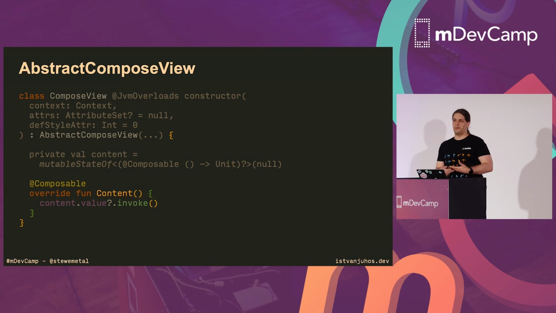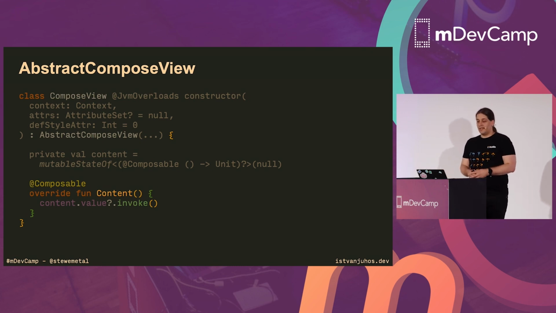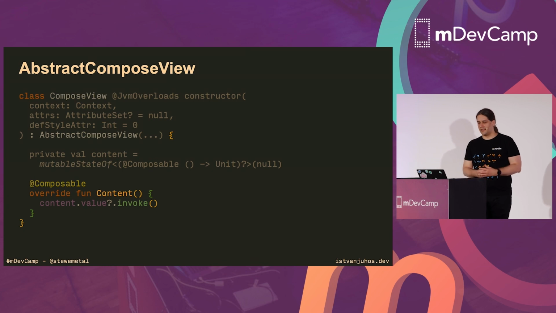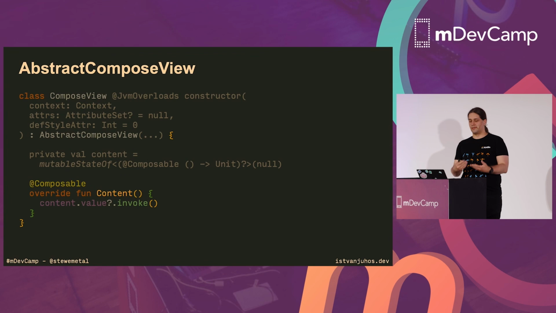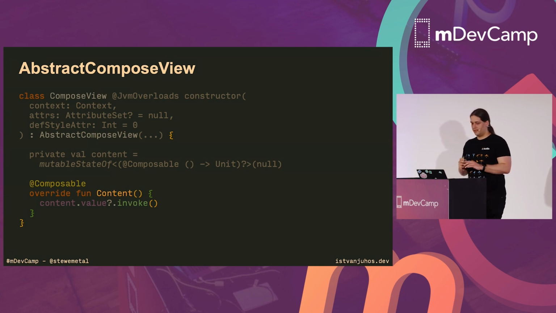It is the only thing that you actually have to override when you're implementing abstract Compose view. And it itself is a composable function, so it's the kind of entry point that setContent is for activities or Compose view itself. And this is where we call that content composable that is resolved when the view is created. These are good ideas.